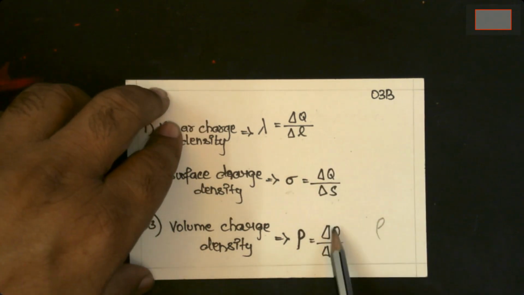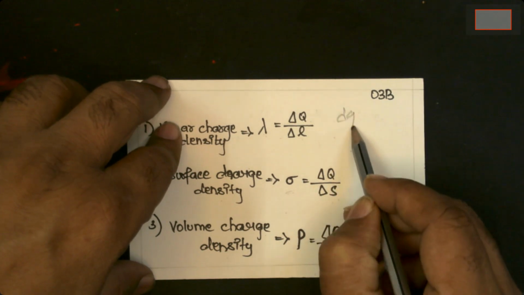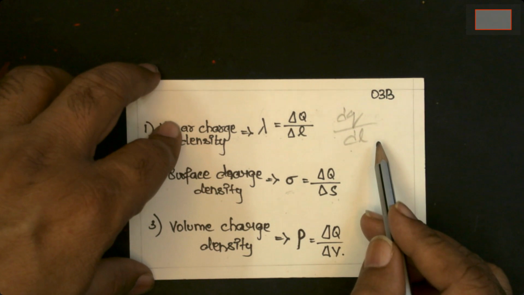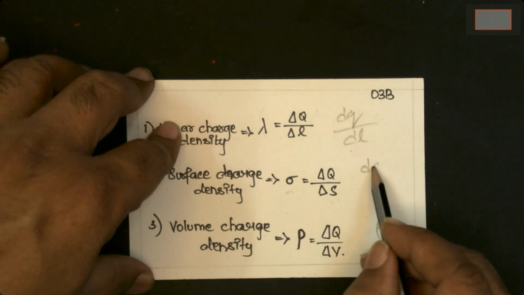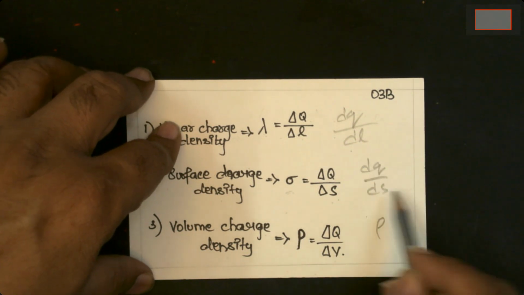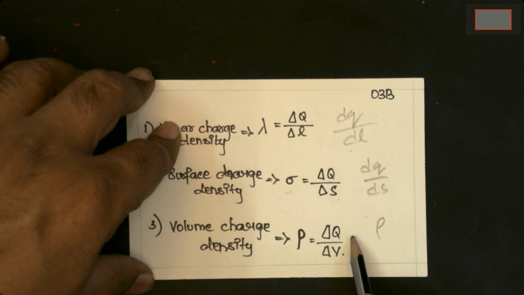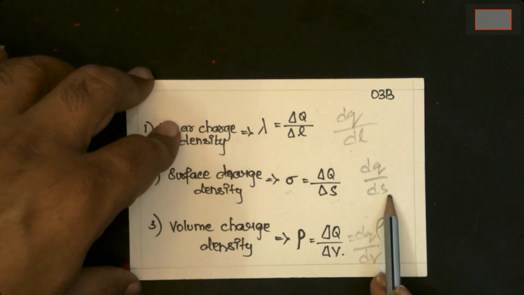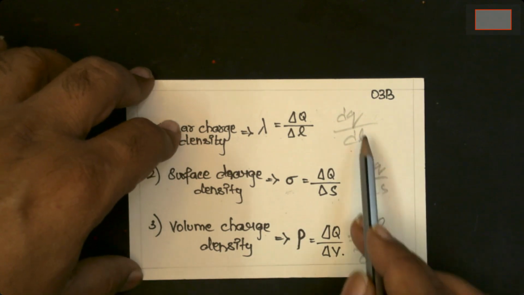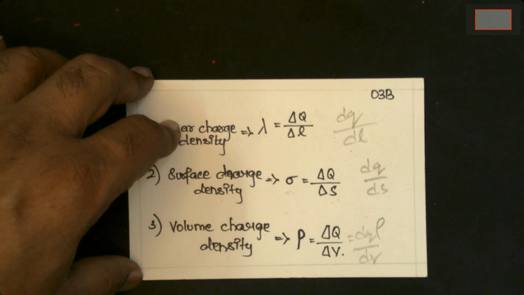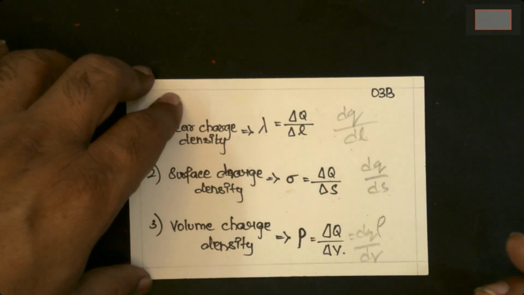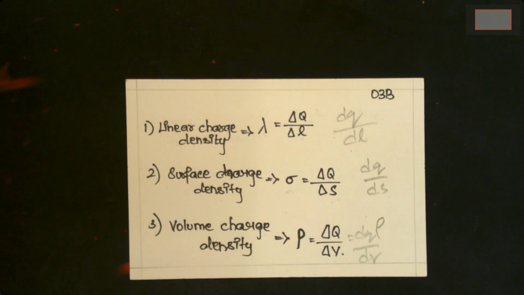When they are represented by dq, it is called infinitesimally small, and dl is the infinitesimally small length element. Similarly, dq divided by ds, and dq divided by dv, the volume element. This is the surface element, this is the length element, and dq is the small charge.